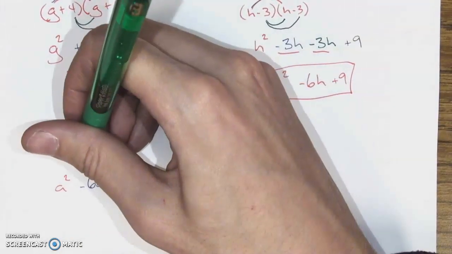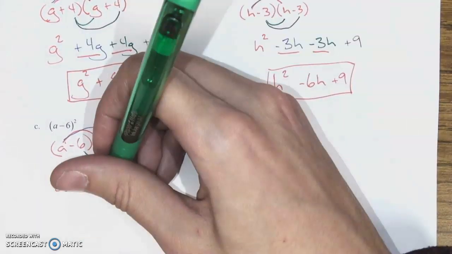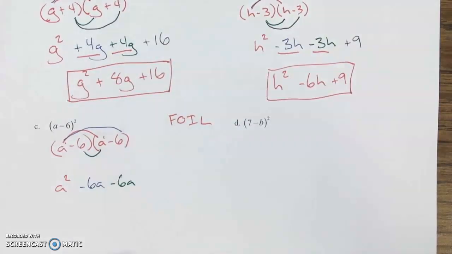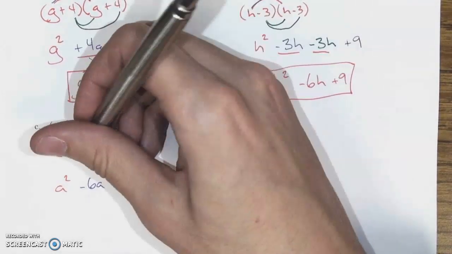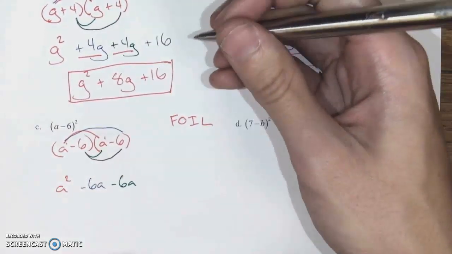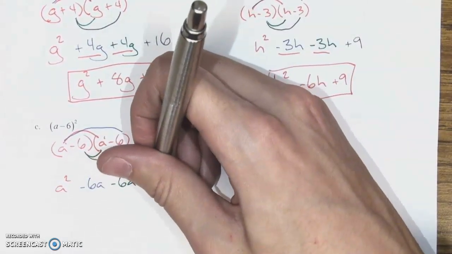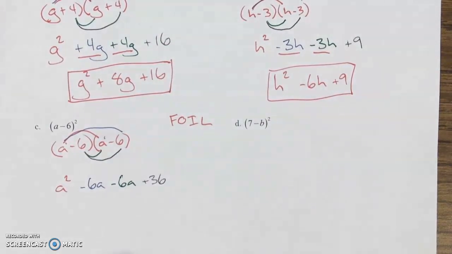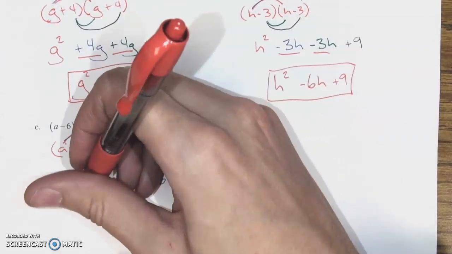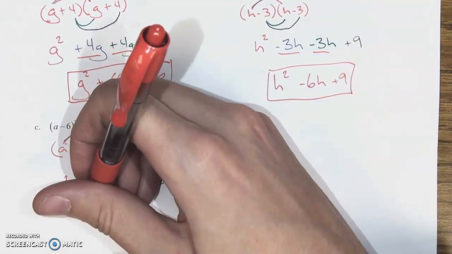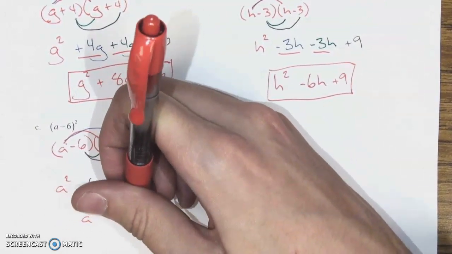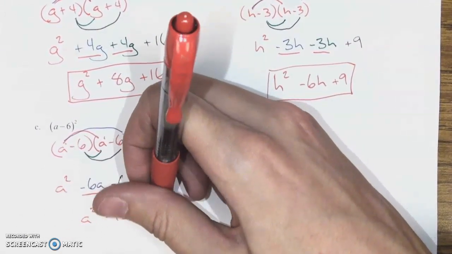Inner, we have negative 6 times a is negative 6a. And last is negative 6 times negative 6 gives us a positive 36. Combine like terms, and we have a squared minus 12a plus 36.